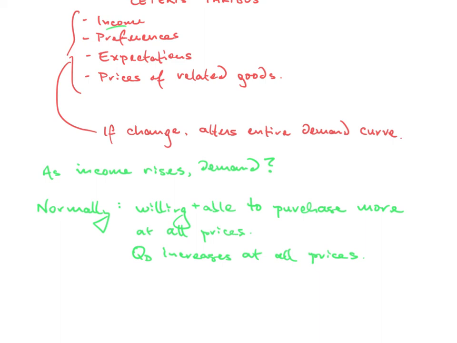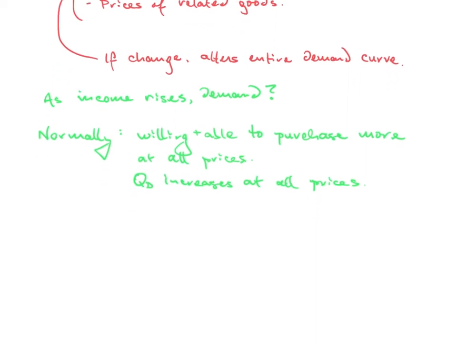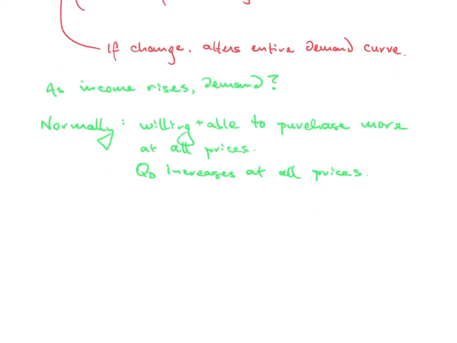Okay. Now, that's not true of all goods. So, economists draw a distinction between two types of goods. Some we call normal goods. As I said, normally, that is a technical phrase.